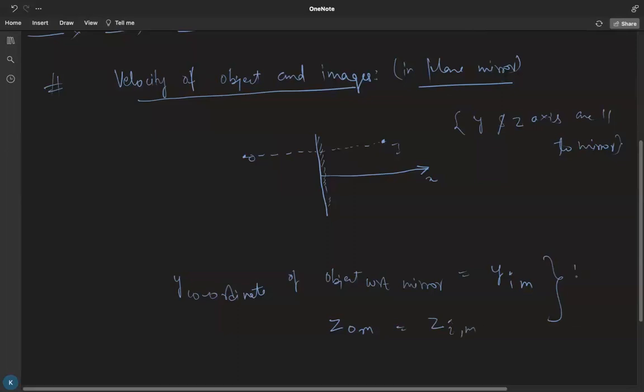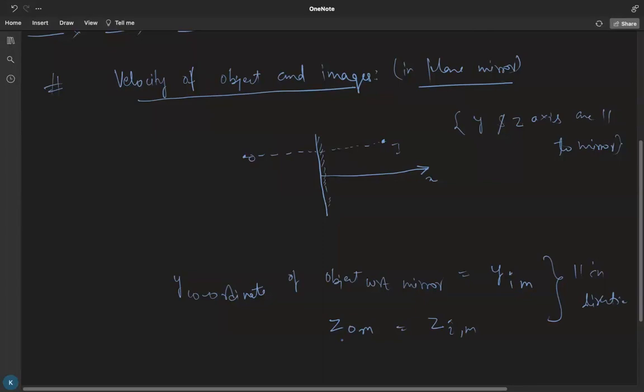Why am I saying so? Because the mirror is kept parallel in those directions. So that's why the y coordinate and the z coordinate with respect to the mirror are the same. Right? Because the mirror is kept parallel to the yz plane, both coordinates will remain the same with respect to the mirror.